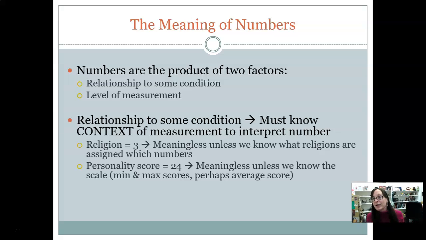But if the average is around 48, then 24 might mean something totally different. So we have to know the relationship the numbers have with the context that we're measuring them in and that we want to use them in, in order for the numbers to have any meaning or usefulness.